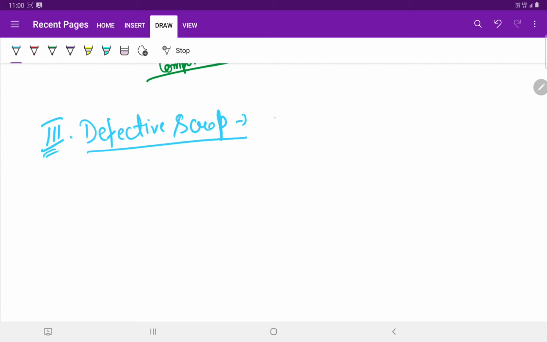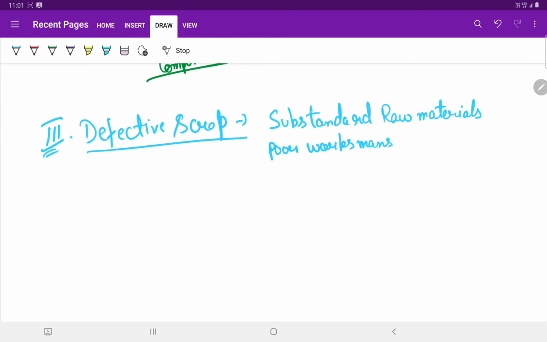It is due to the presence of substandard or spurious raw materials along with poor workmanship. So these are the various types of scraps.